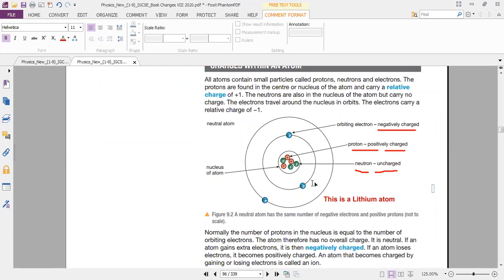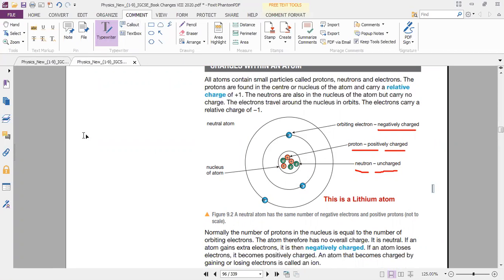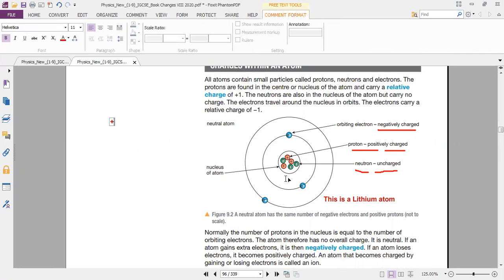So what is the charge of this atom of lithium? Due to these 3 protons, the positive charge is +3, and due to the 3 electrons, the negative charge is -3. So if you add them, the total charge becomes 0.